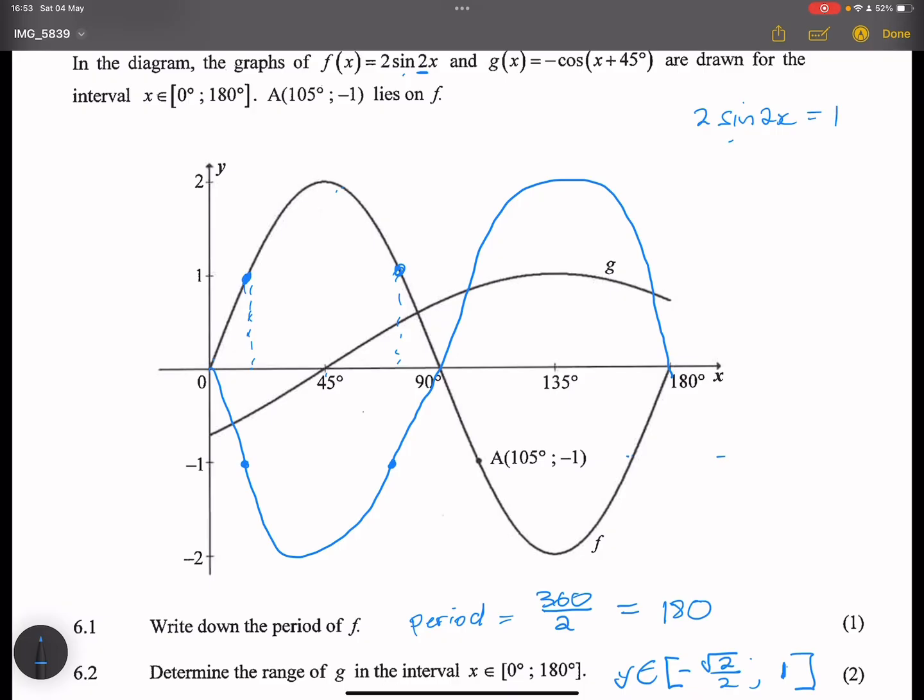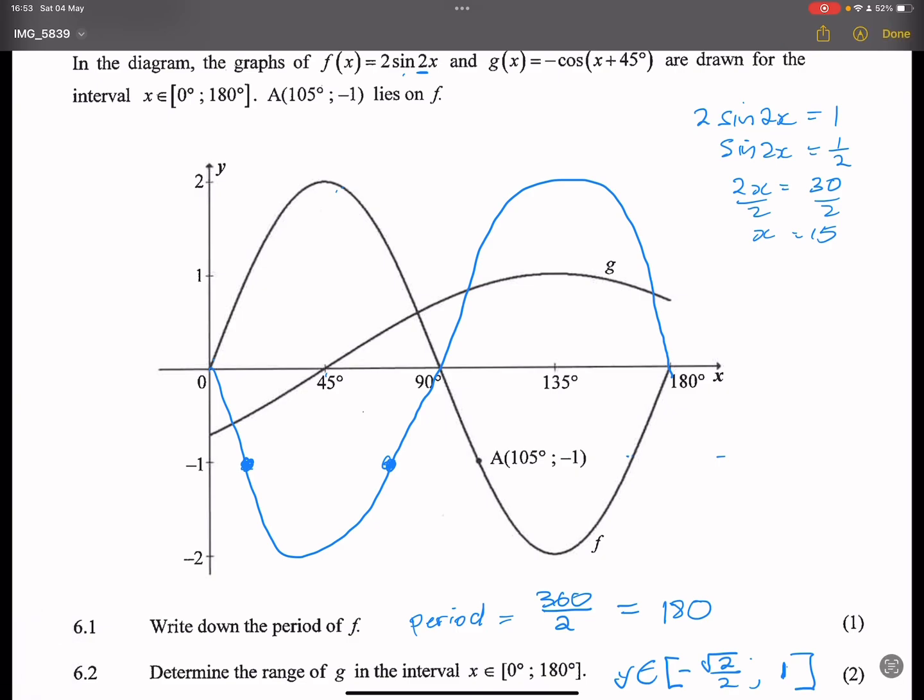This is where sine of 2x is equal to 1 over 2. If I divide by 2 on both sides, then 2x would be the arcsine of a half, which should be 30. And if I divide by 2, that should be 15 degrees. So the mirror image of that would be at 15, and again 90 minus 15, which should give us 75.